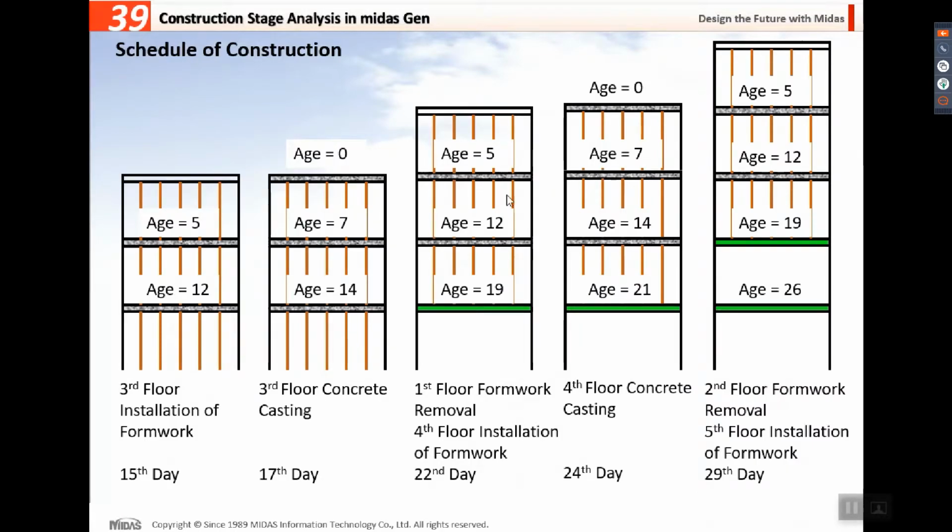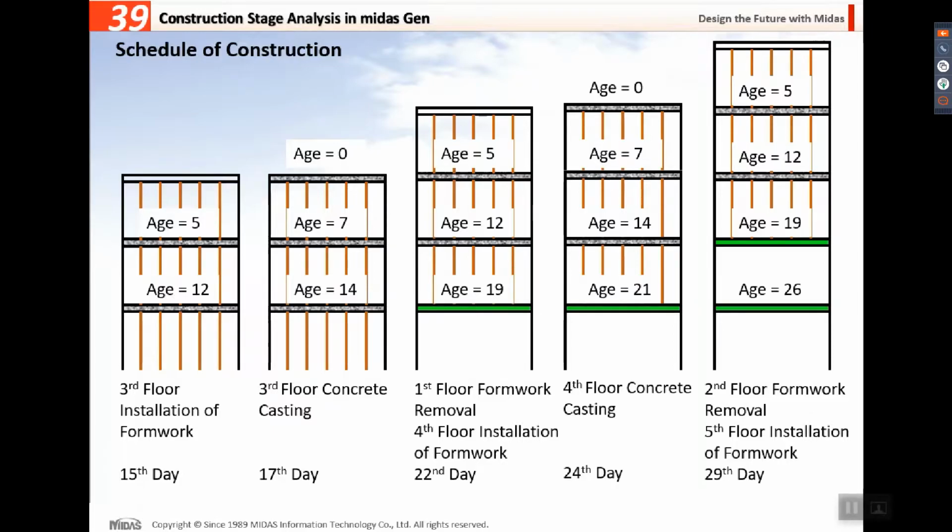Again, after 5 days, on the 15th day, the installation of formwork is done, and after 2 days, the concrete is cast on the third floor. After 5 days, the formwork is installed on the fourth floor, and the removal of formwork is done on the 22nd day.